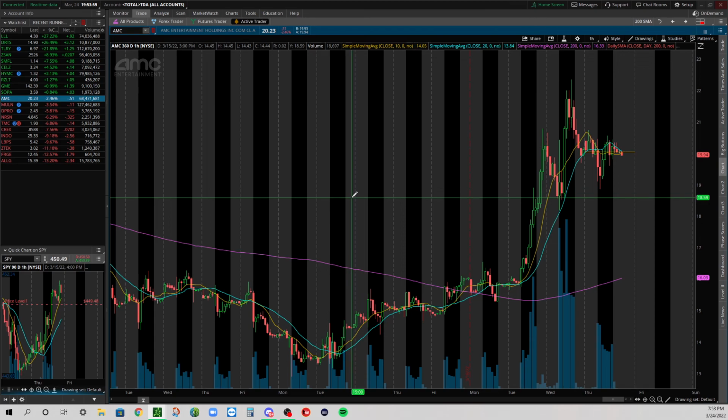Supply and demand. If there's a lot of supply and very low demand, the price is likely to go lower, or it's harder to raise the price up because there's really not enough buyers.